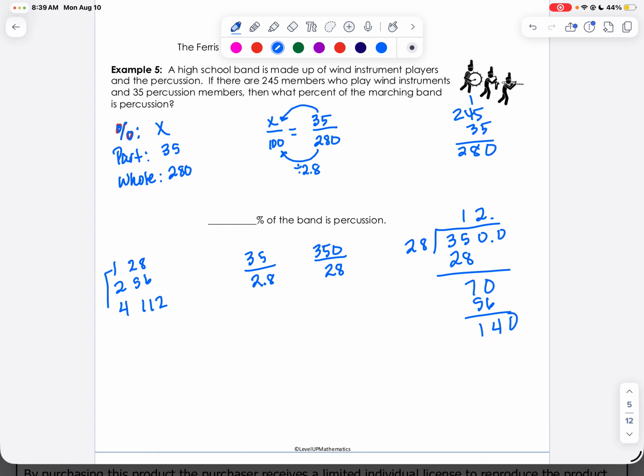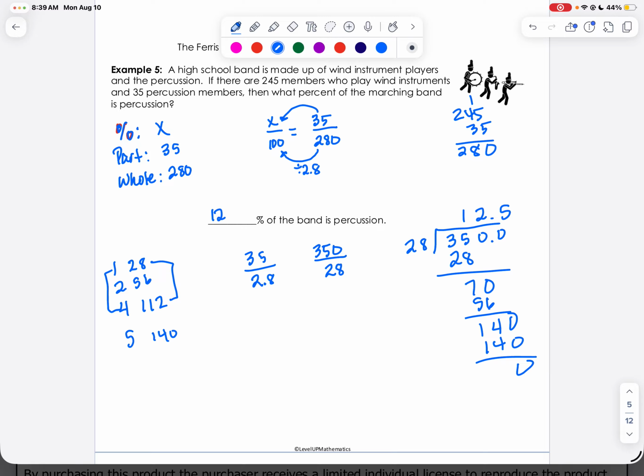Ooh, what if I added the 1 and the 4 and the 28 and the 112? 1 plus 4 is 5. 112 plus 28, yeah, that would be 140. Nice. So I know that 28 will go into 140 5 times with the remainder of 0.